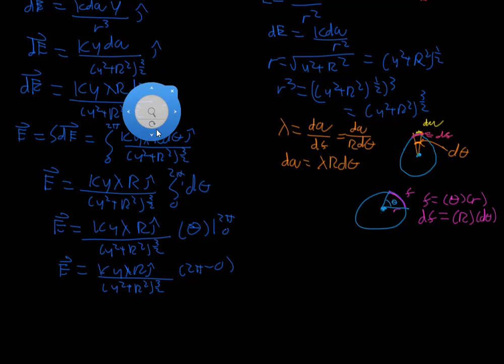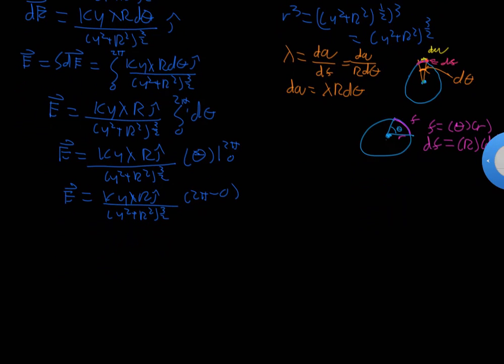If you don't want to skip any steps, this is how you do it. E is equal to this, k y lambda r j hat, and I'll put the 2 pi in here, over y squared plus r squared to the 3 halves.